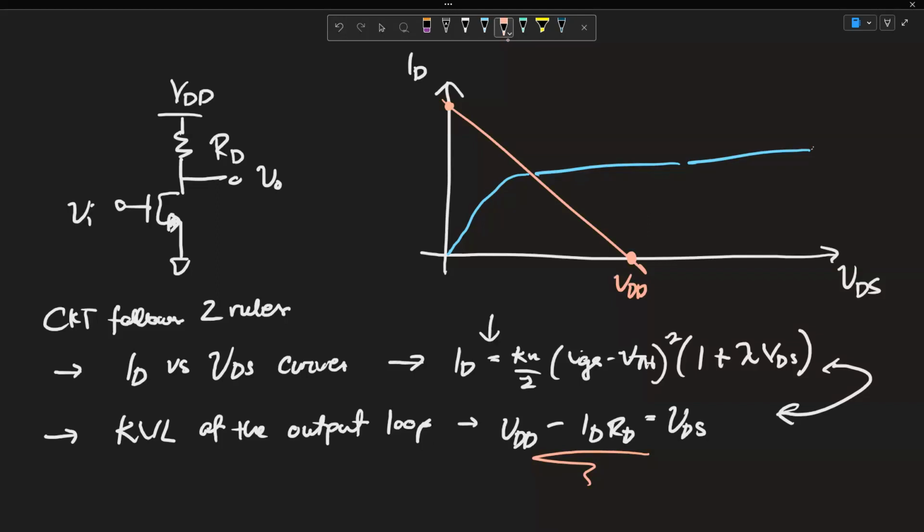And likewise, if VDS was 0, ID would be VDD over RD, right? And so since our circuit follows these two rules, we know that the quiescent point has to be in the intersection of these two rules that the circuit follows, right?